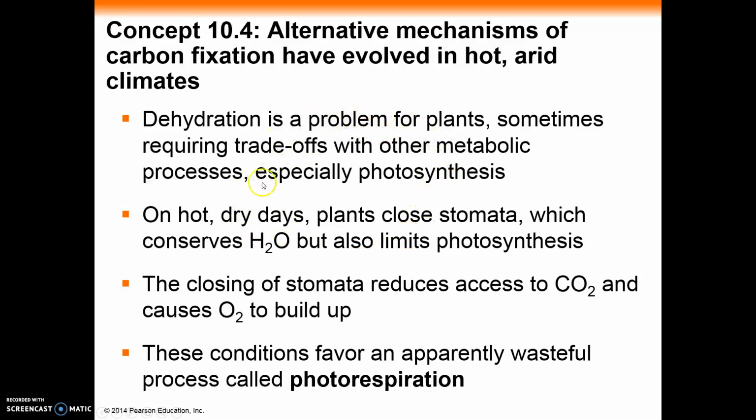So in this situation, on hot dry days, you close your stomata in order to prevent water from escaping. This is going to reduce access to CO2 and it's going to cause the O2 to build up. As I said, Rubisco can think oxygen is CO2. Remind me to show you why this is true in class. Structurally, they can look very similar. This leads to this problem called photorespiration.